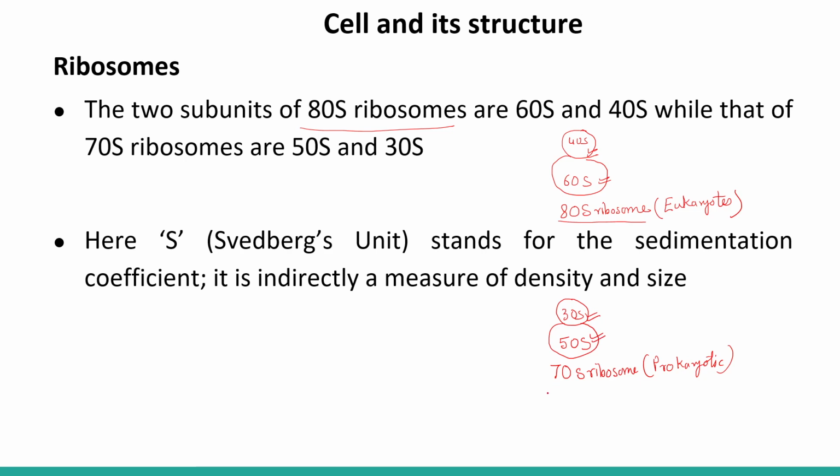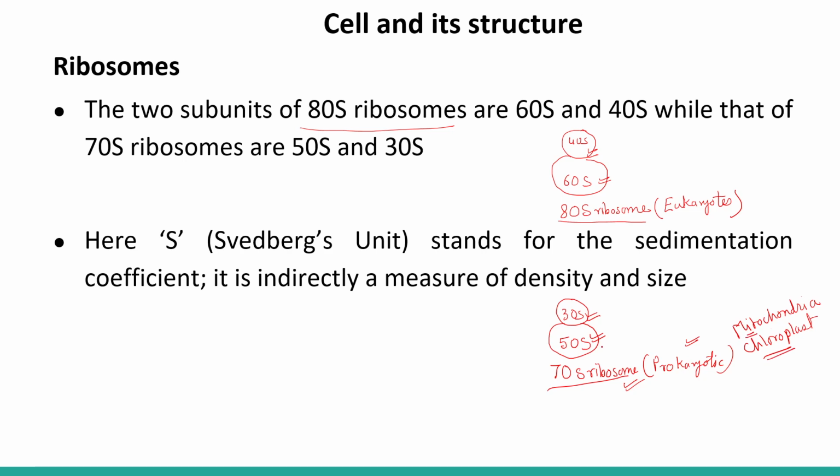This type of ribosome, the 70S, is present in the prokaryotic cell, as well as in mitochondria and chloroplast.